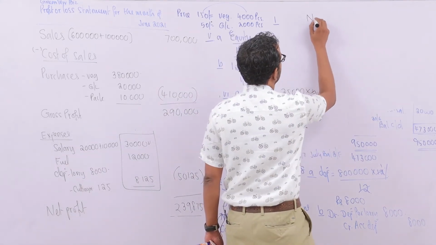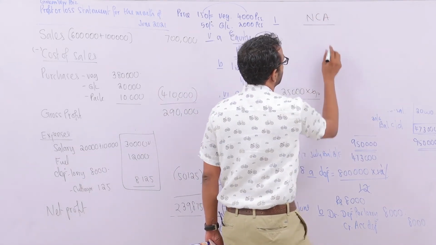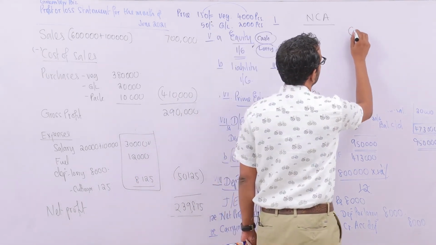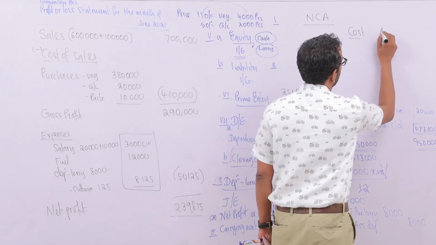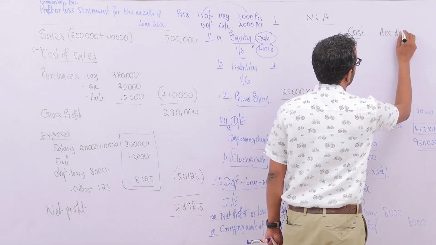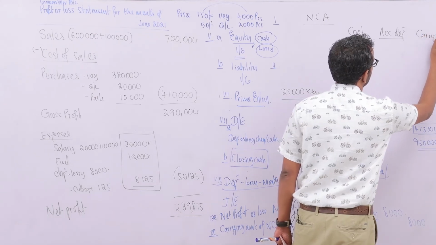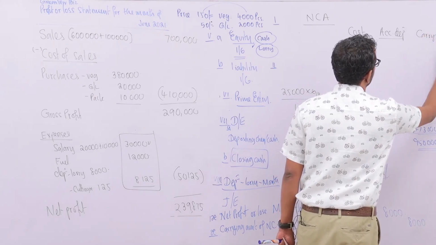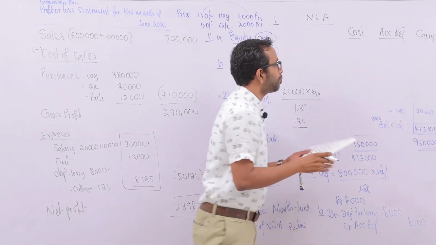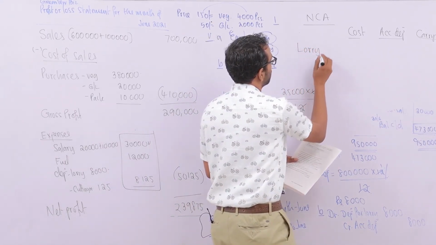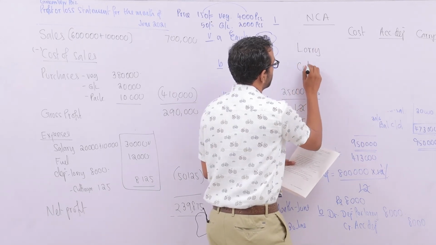If you do your statement of financial position, you start with the cost minus accumulated depreciation and then you come up with the carrying amount. You have two types of assets, one is lorry, another one is cutting machine.